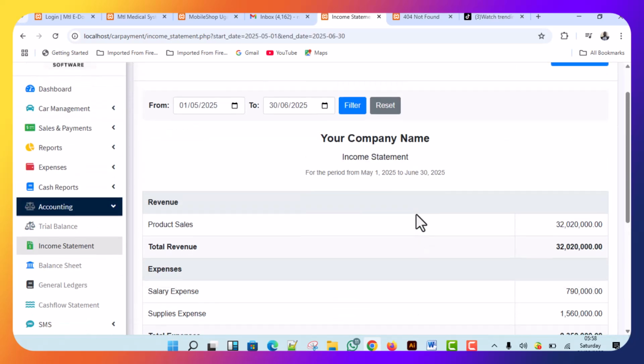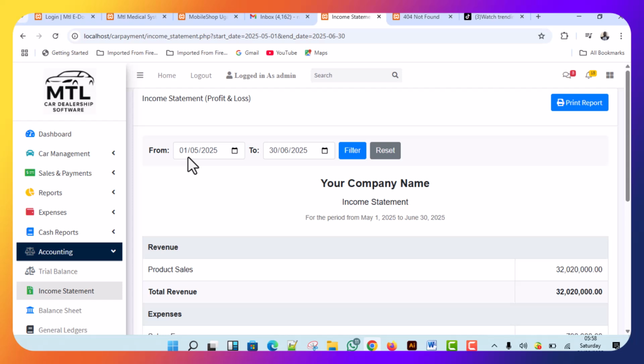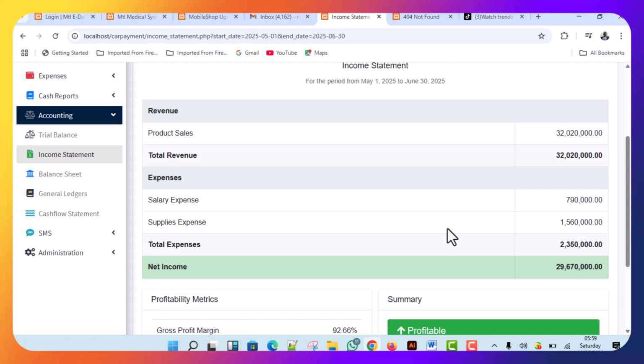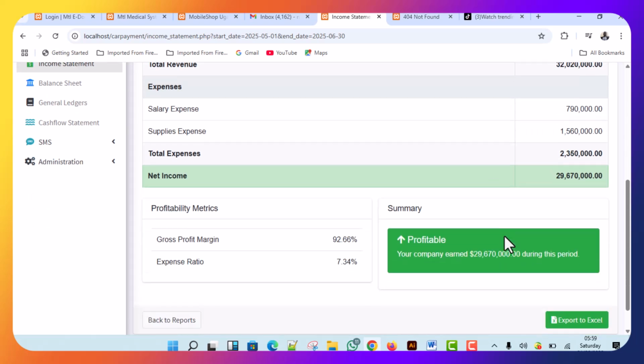But you can always filter. Let's say from 1st of May up to today, you can now see the company is making a profit, because in the period of June 1st up to today, some records were left out. When you pull from 1st May up to today, all the records are picked and added together to get the balanced records.